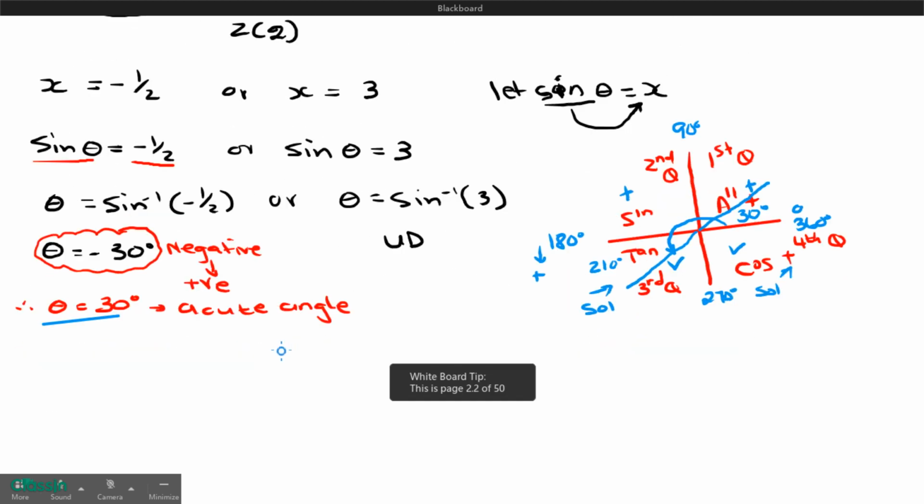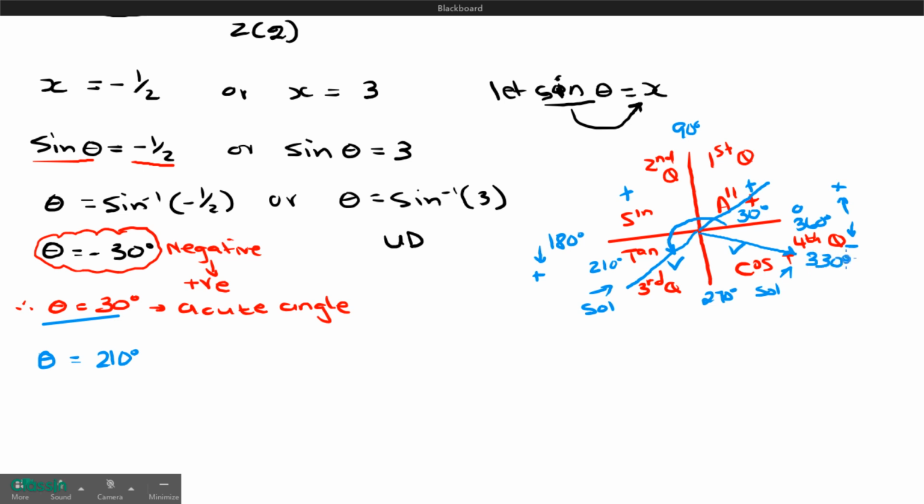This means that our second solution, apart from 30 degrees, is that theta is equal to 210 degrees. Now, if I draw 30 degrees this side, because I've got 360, when I go down with 360, I'm subtracting, but when I go up with 360, I'm adding. So 360 minus 30 gives us 330 degrees.